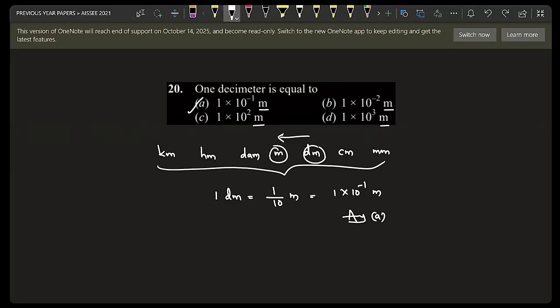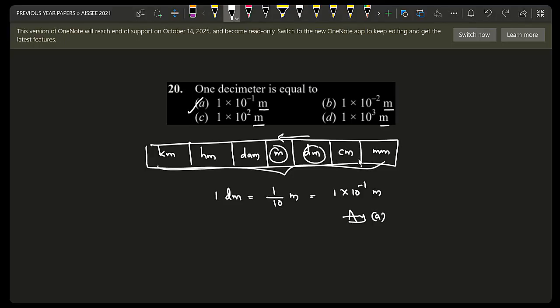Charvika. Sir, please explain the problem once. See, we are converting decimeter into meter. Charvika, I asked you to remember this table, right? Yes, sir. Starting from meter in the middle, while you are going left, you have bigger units: decameter, hectometer, kilometer. Starting from meter, if you are going right, you take smaller units: decimeter, centimeter, millimeter.